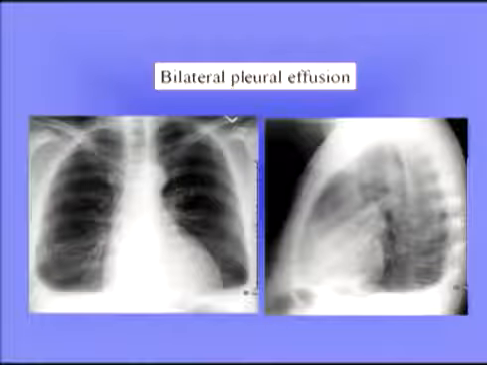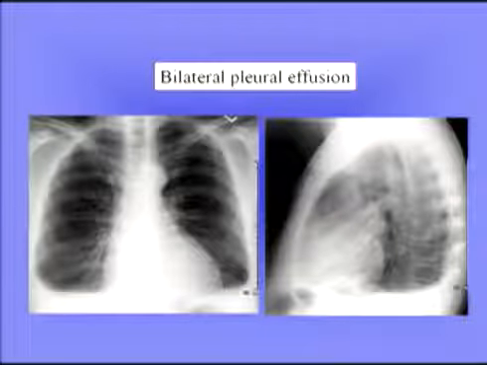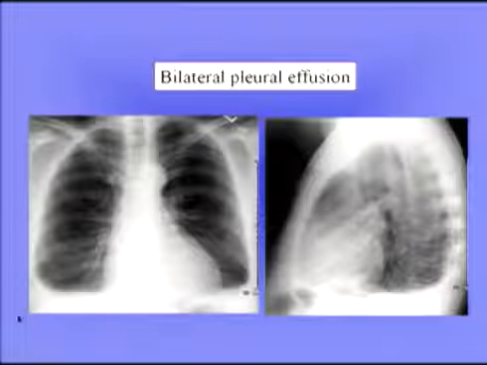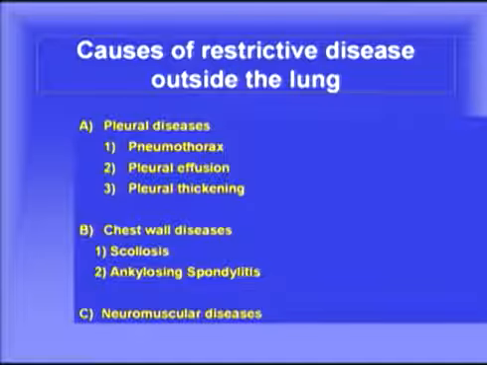Pleural effusion is another disease where you can get an impaired expansion of the lung because of effusion in the intrapleural space. Here's an example of bilateral pleural effusion, not a particularly large one, but you can see plenty of effusion in the space there. And the causes of pleural effusion, often it's a malignancy, or in heart disease, in heart failure, you may get pleural effusion.